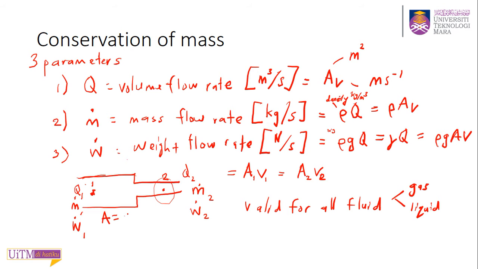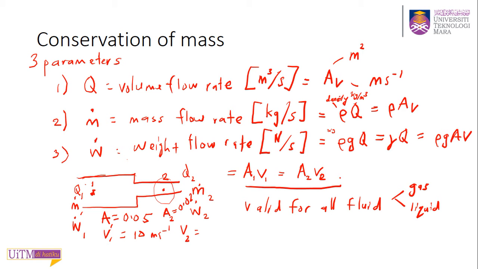They give you the area of one, let's say 0.05, and they give you the velocity at 1, any number, 10 meter per second, and they give you the area at 2. This is smaller, so let's say it's 0.02. And they ask you to find what is the velocity at point 2.